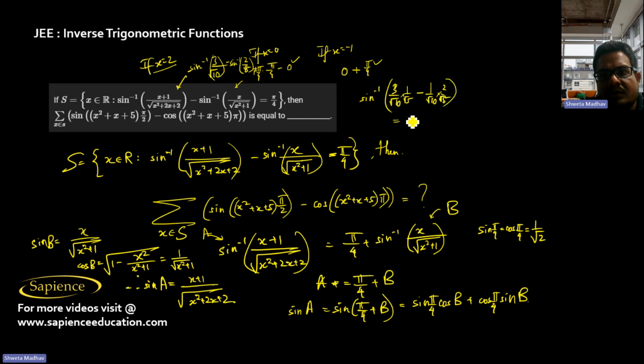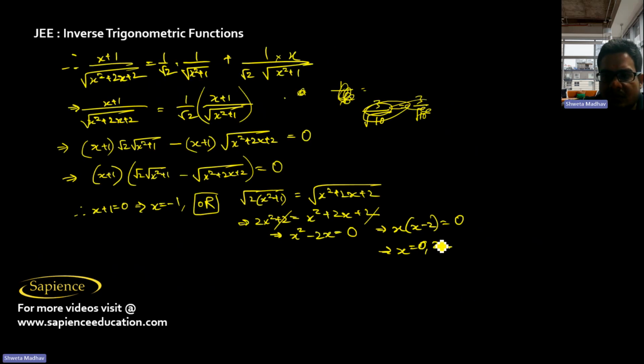So then this will be sine inverse of 3 minus 2, that is 1 by root 50, that is sine inverse of 1 by 5 root 2. So which is not equal to pi by 4. So hence x equal to 2 will not be the solution, so this should be neglected. So therefore the only solutions are x equal to 0 and minus 1.